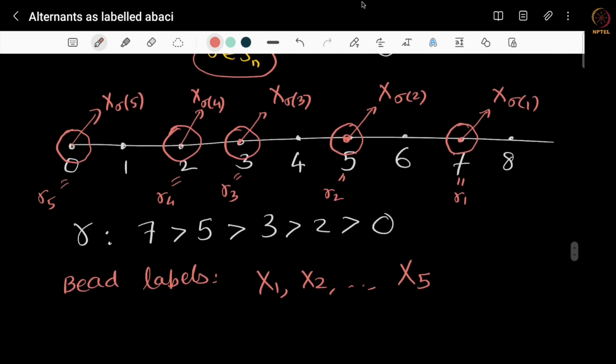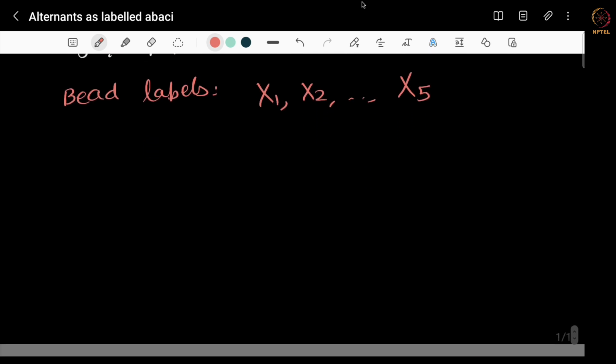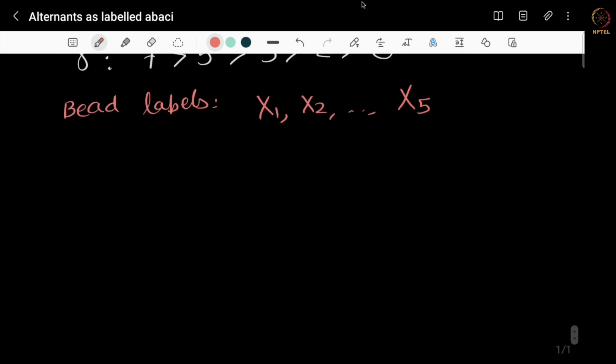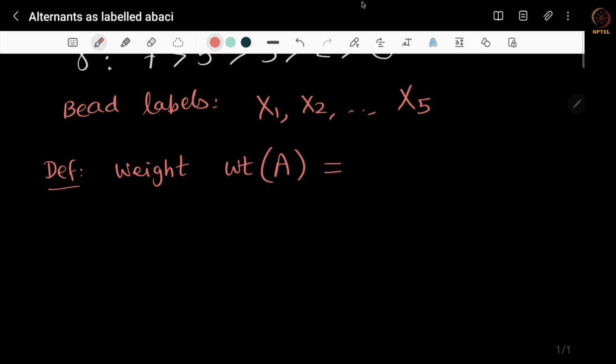This is another xi, x sigma 2, x sigma 3, x sigma 4 and x sigma 5. Okay, so the beads are labeled by these x's, and such a configuration of these 5 beads placed at these positions and with these labels I will call a labeled abacus.